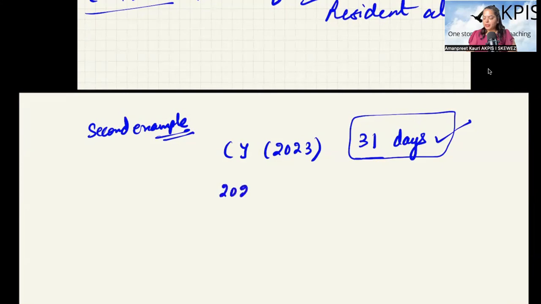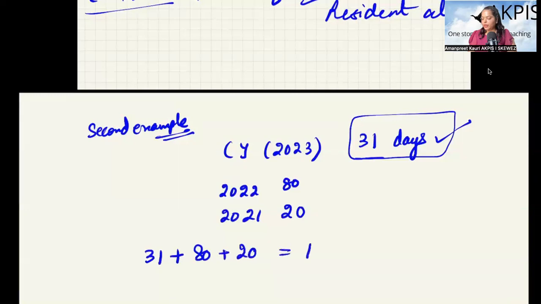Let's take 2022 and 2021. He's here for 80 days, right? And he's here for 20 days. So if we add current year plus 2 previous years, it is 131 days, which means less than 183 days. So is this person a resident or a non-resident?